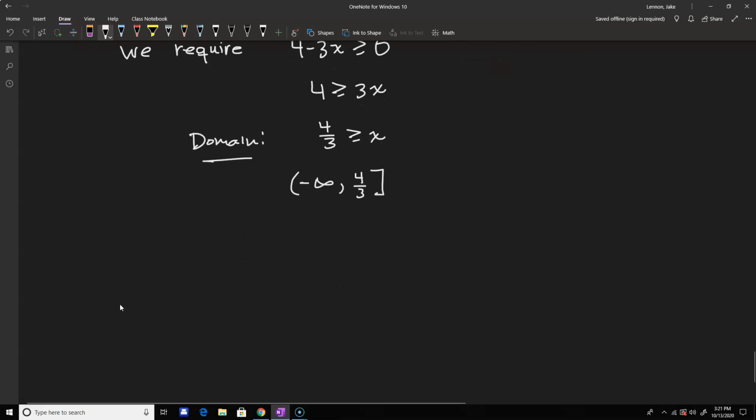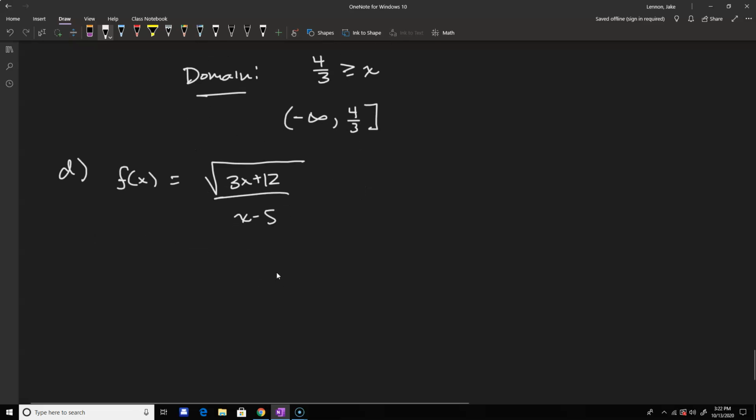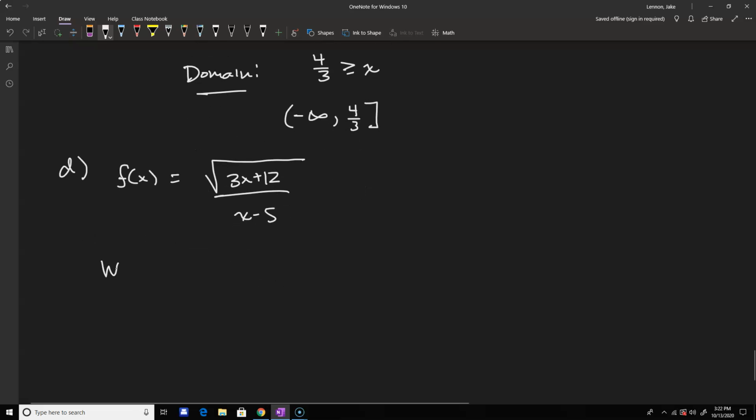Okay, now let's do one that combines both of those ideas. So let's go back to f of x. Let's say f of x is the square root of 3x plus 12 divided by x minus 5. So we have two components here. So we require 3x plus 12 to be greater than or equal to 0.